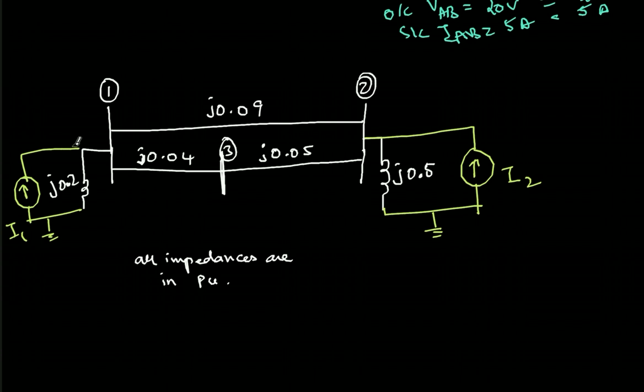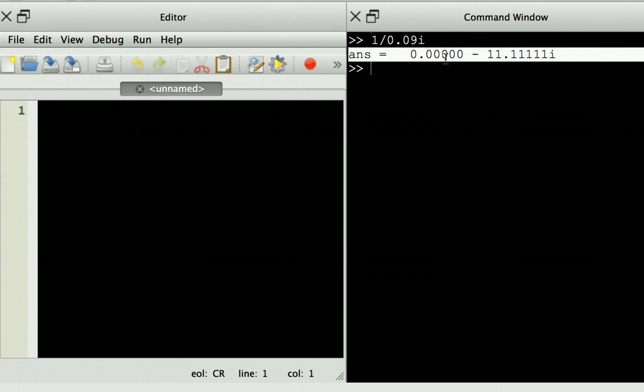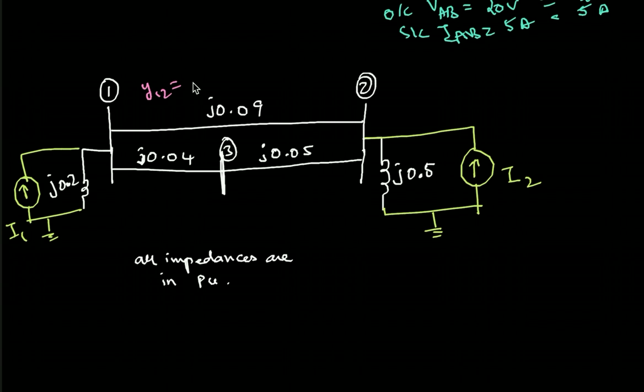Now, this J0.2 and everything, they are all impedances, so you convert them into admittances. So what is Y12? It is 1 by J0.09. So let me use my calculator to do that. 1 divided by 0.09j. So I'll get 0 minus 11.11j. So this is minus J11.11.